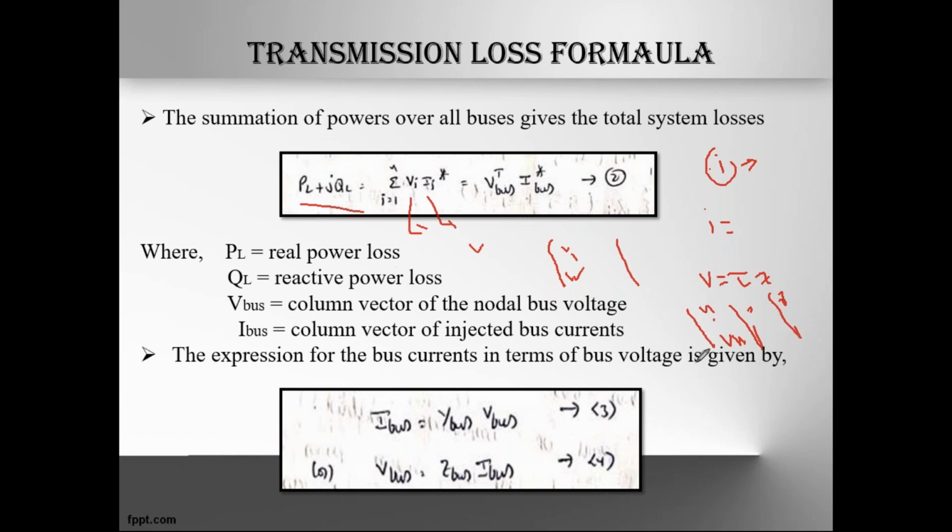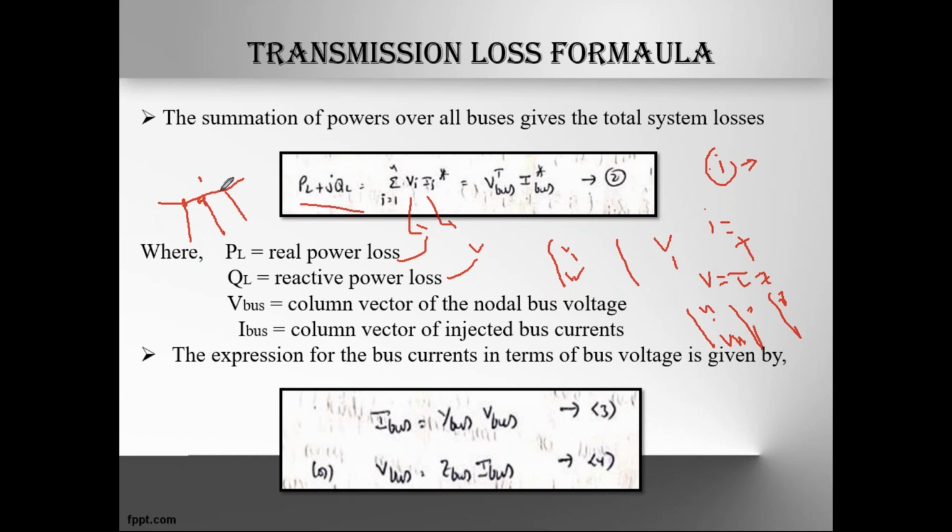While observing this equation, the voltage term and the current term are both column vectors. These are the parameters involved in equation 2. P L is the real power loss, Q L is the reactive power loss, and V bus is a column vector of the nodal bus voltages. From nodal analysis, suppose this is the main feeder and this is the sub feeder; we always concentrate on the node voltage, where the voltage should be available.